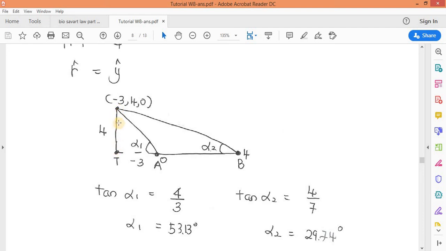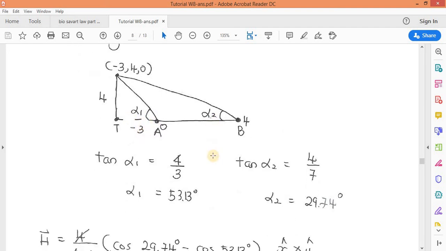From the calculation, I know the length here is 4, and this is alpha 1, and this is alpha 2. From the definition of coordinate t, I know that it is -3, which means that the distance in between t and A is 3.